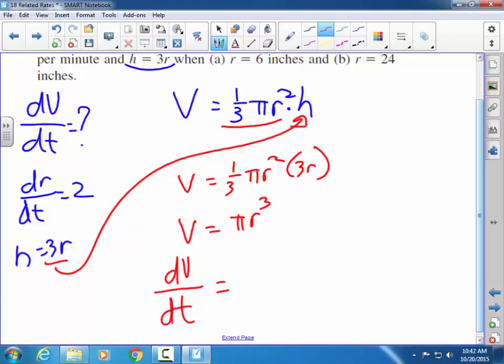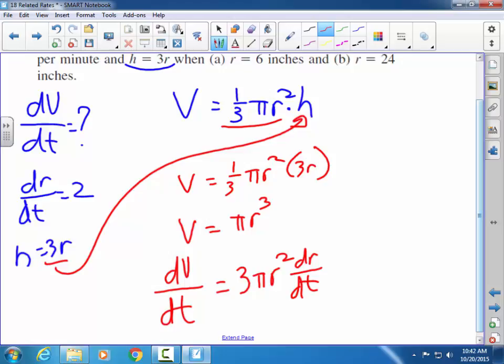And what do we get on the right side? 3 pi r squared dr/dt. Remember, we're taking the derivative with respect to time, so we have to have that dr/dt in there.